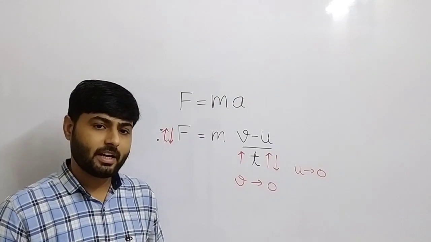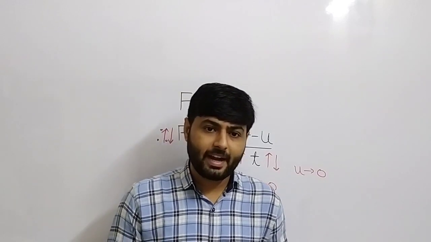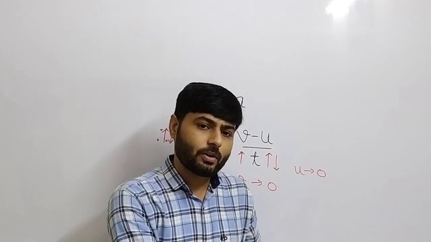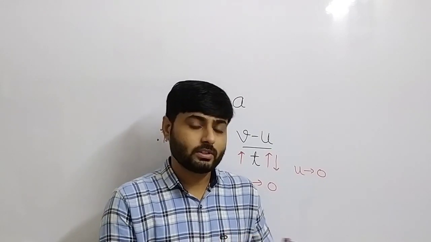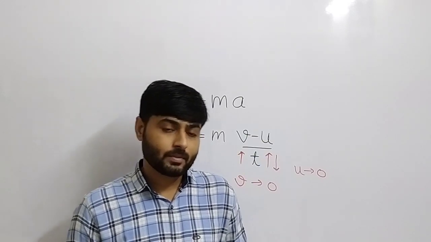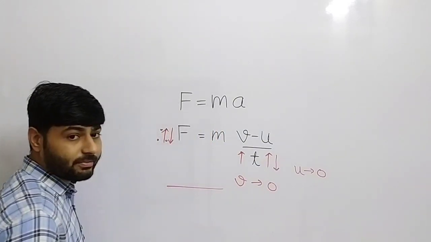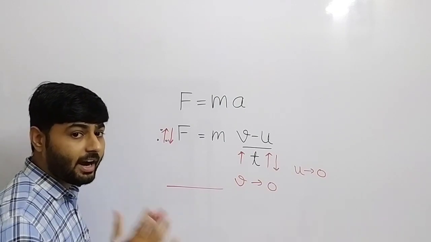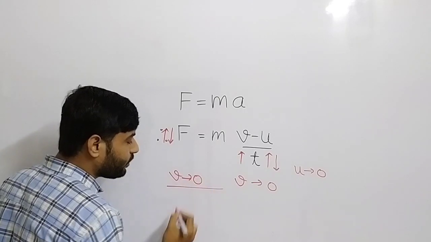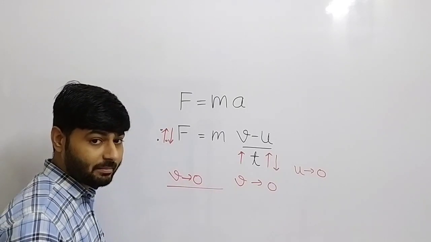Let's take another example. In long jump and high jump games, athletes fall onto a cushioned bed or sand bed. Why cushioned bed or sand bed? If he lands on a solid hard surface, his velocity will decrease to 0 in sudden time or very less time.